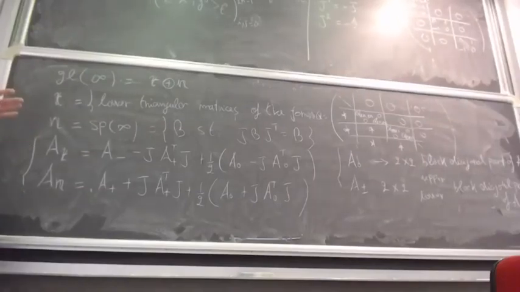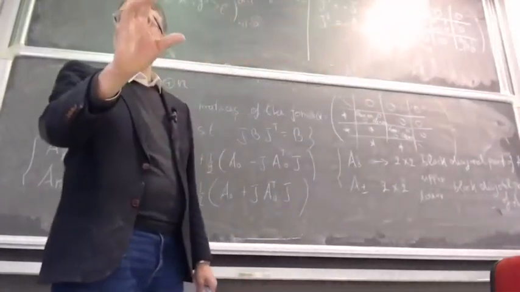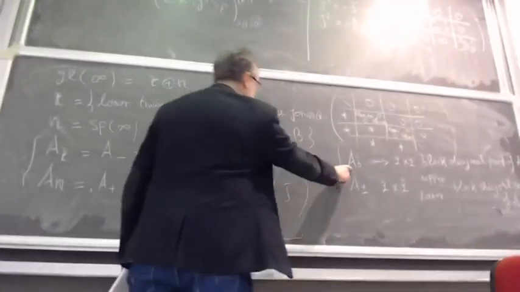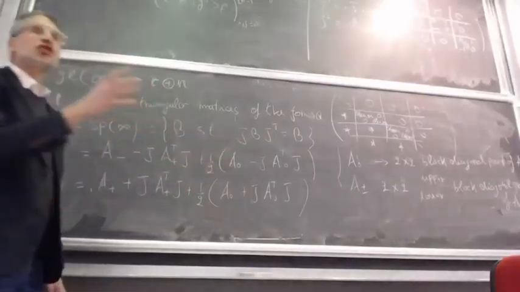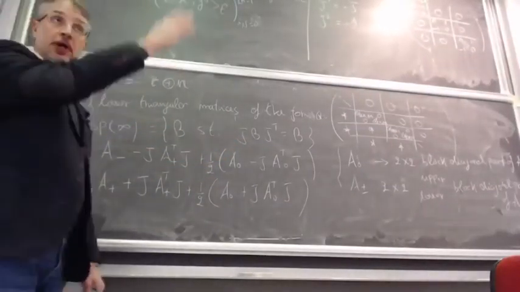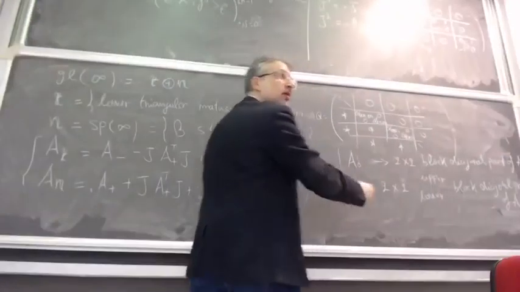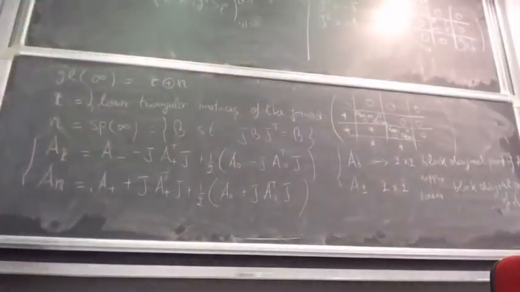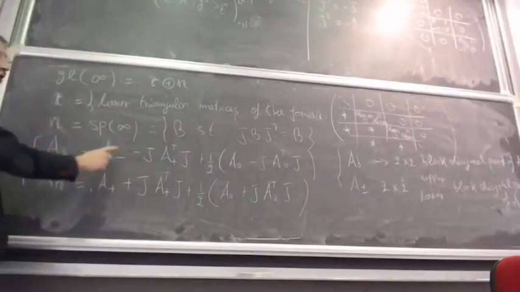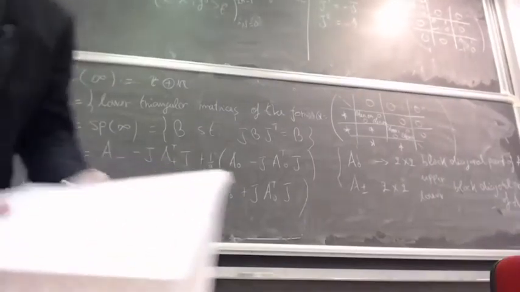So I've got a matrix A. You extract the 2 by 2 block diagonal, and this is A0. Then you extract the 2 by 2 upper triangular part, and this is A plus, and the 2 by 2 lower triangular part, and this is A minus. You stick them into here, and you can calculate the two parts, the elements of this algebra splitting.